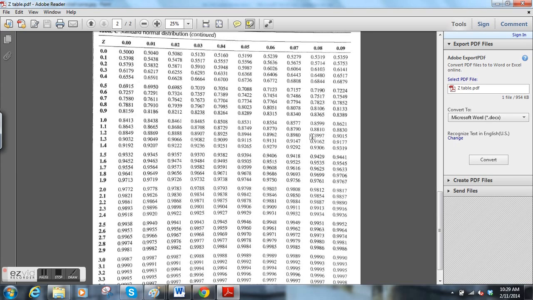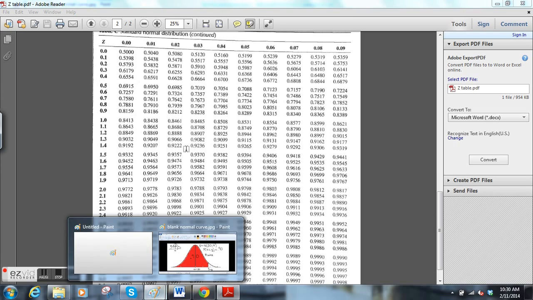So somewhere in between here is 0.90. So when I say you go backwards, I mean you look inside at this number, 0.8997, and then you go back and say that corresponds to a z-score of 1.28. There, do you see 1.2, and then you go up to get the second digit, 8. So we'll call that 1.28.